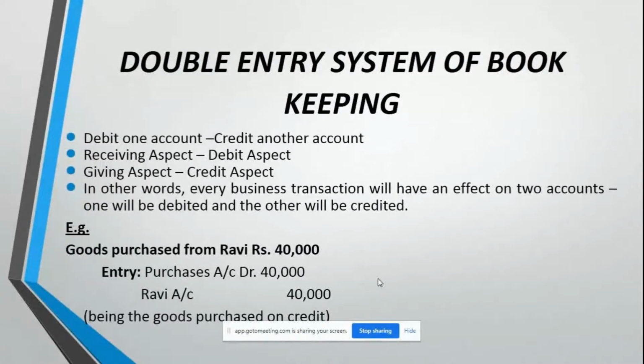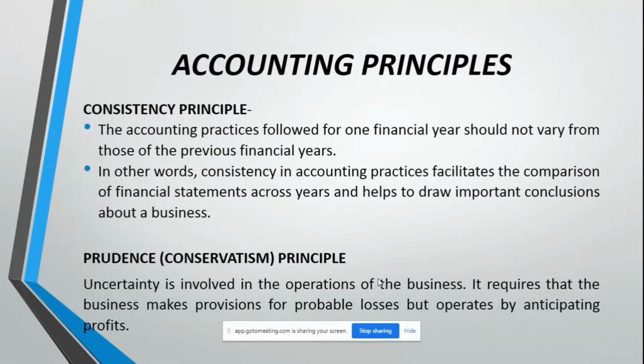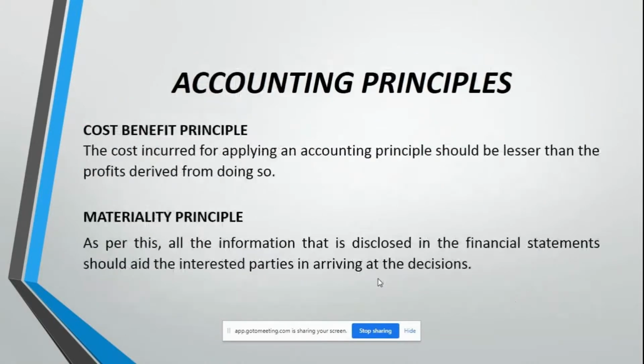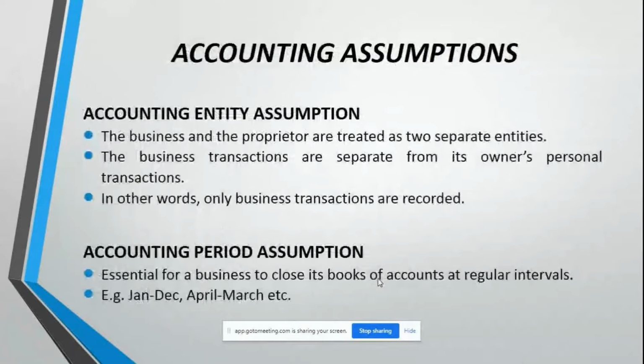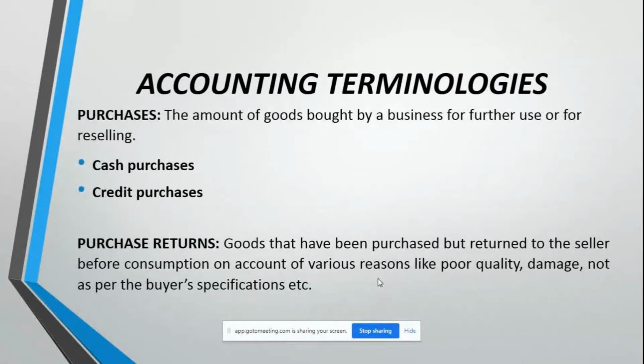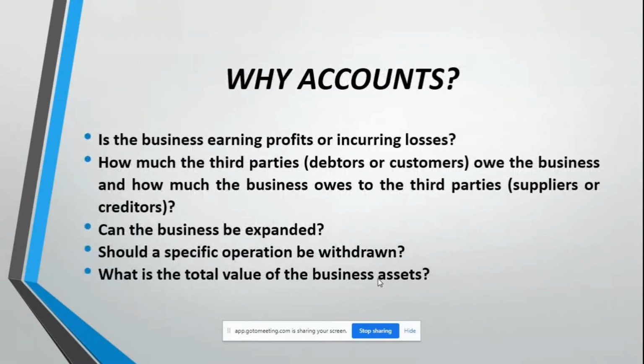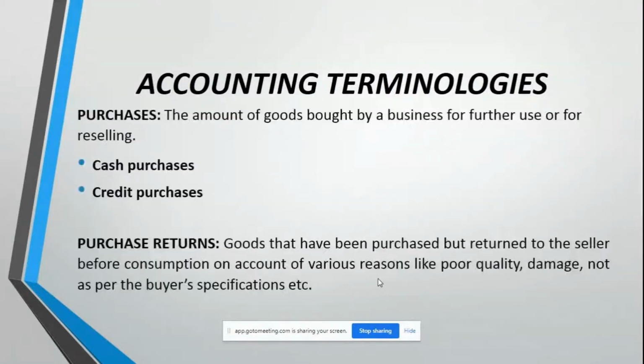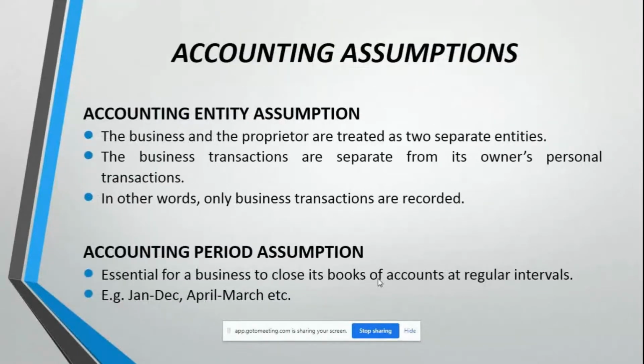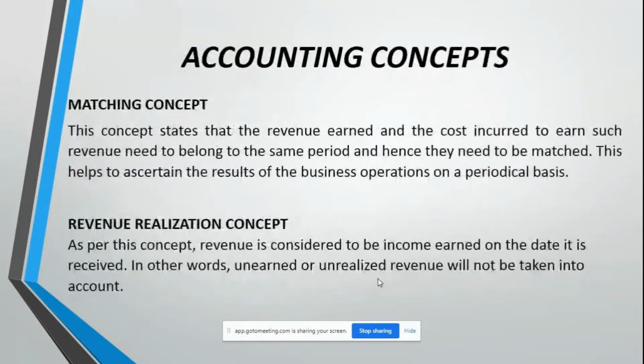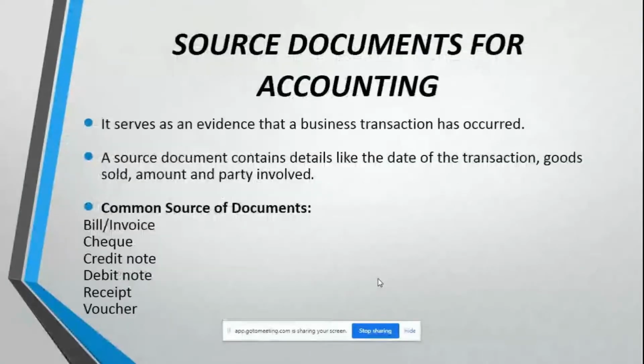So when we begin the entries passing in the Tally program, that I'm going to discuss with the golden rules. So we started with why accounting was introduced, what its importance is, accounting terminologies, then accounting assumptions, concepts and principles, and finally the source documents. Of course this covers all the basics of your accountancy.